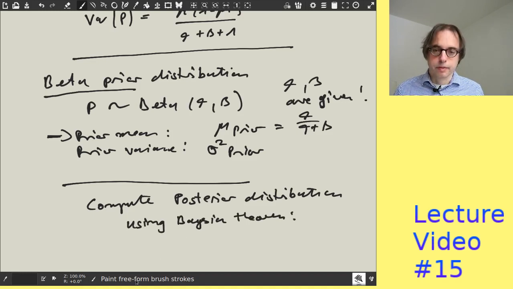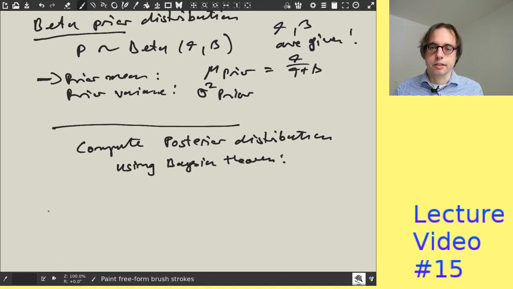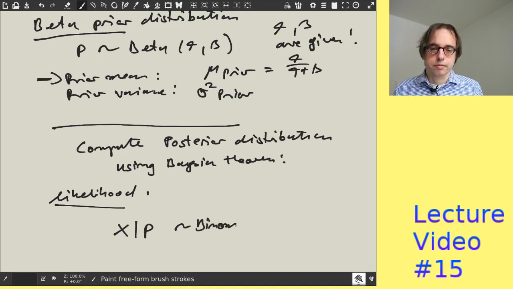So for this we need to have a likelihood, and the likelihood is, of course, that x given a parameter p follows the binomial distribution with n and p, so x is our data, and n is the total number of experiments, and p is the probability.